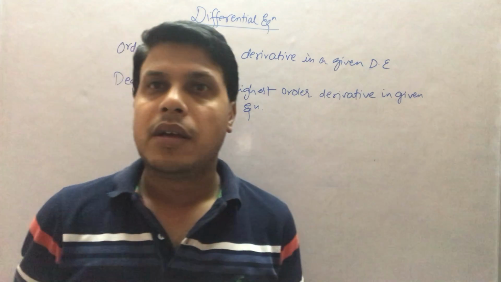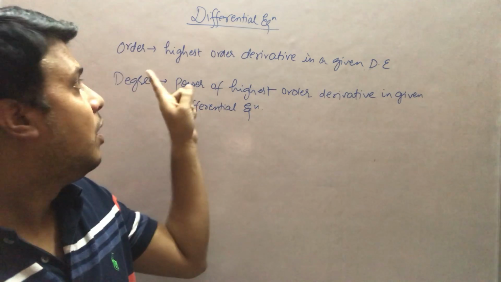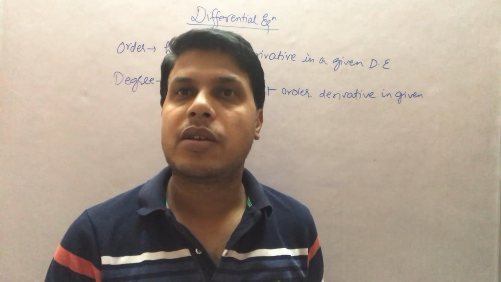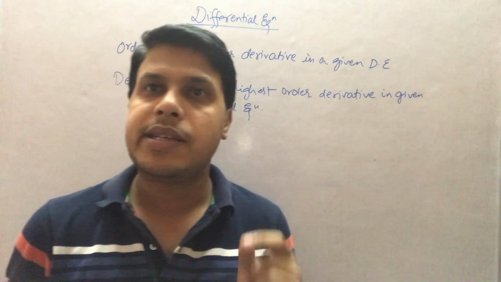So what is the order? What I have written is simply that order can be defined as the highest order of the derivative and degree can be defined as the power of the highest order derivative.